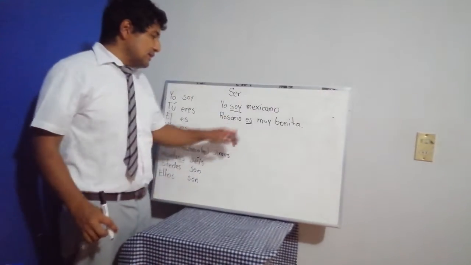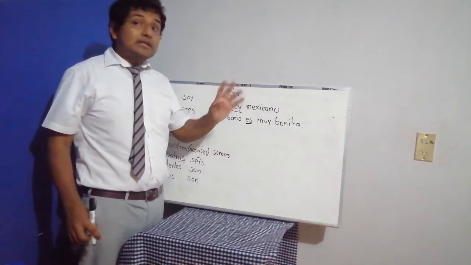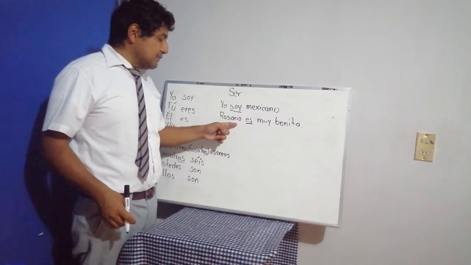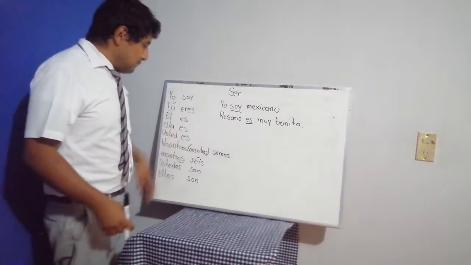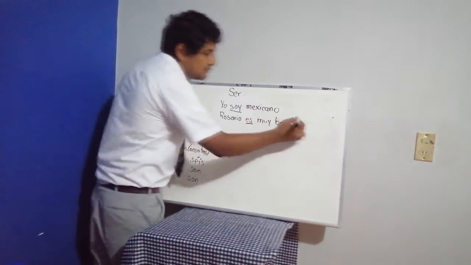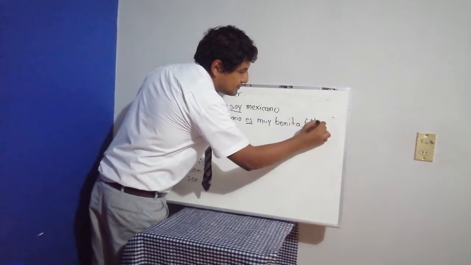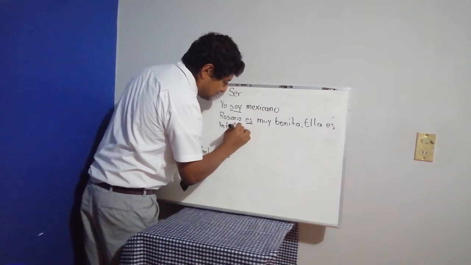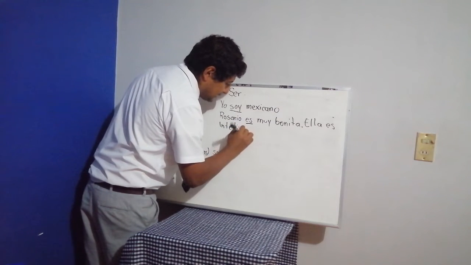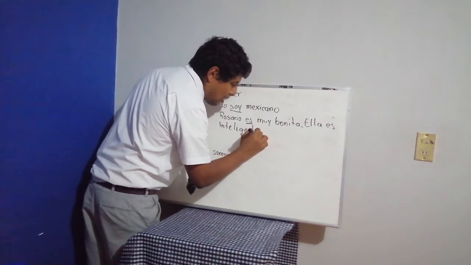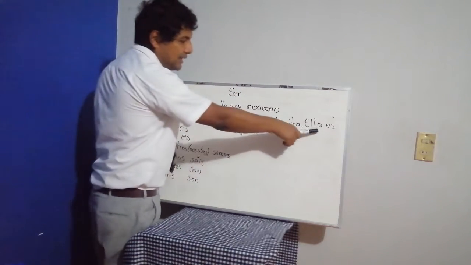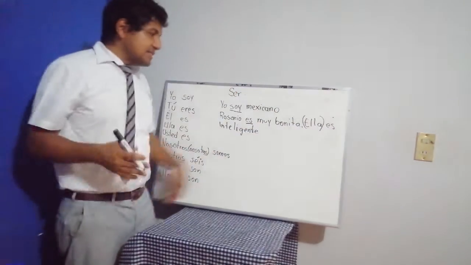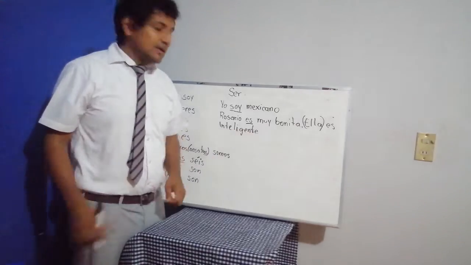Here, obviously, you're not going to say es bonita, es muy bonita without saying who. It's important that at the beginning we say Rosario. And so, ella es inteligente. We continue talking about Rosario. You can omit ella and just say es inteligente.